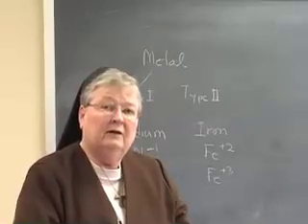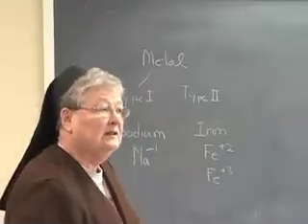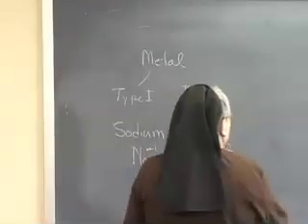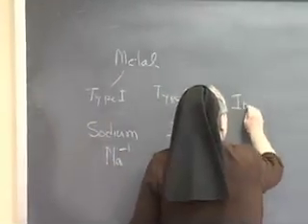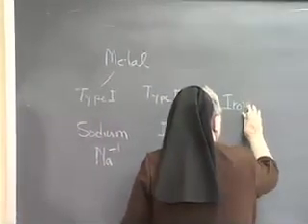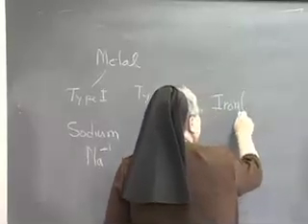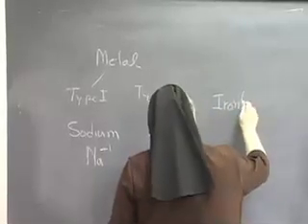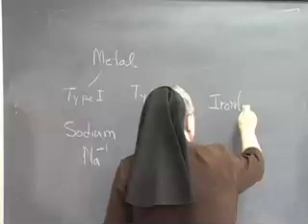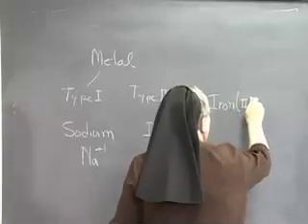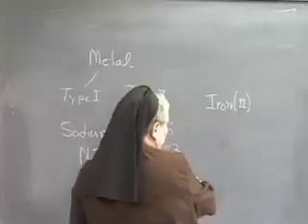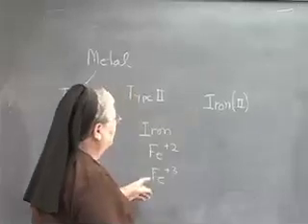In the case of iron, which is a type 2 metal, then you have to say iron, and then you put a parenthesis, no space, and then say what it is. Iron(II), Roman numeral 2, means it's the iron plus 2 that we're using.